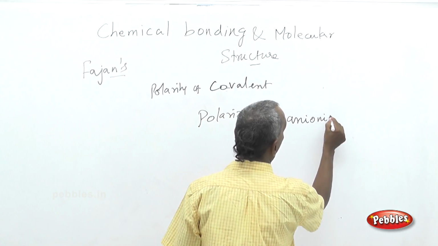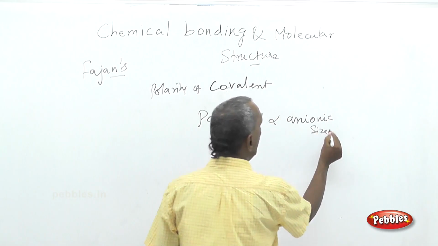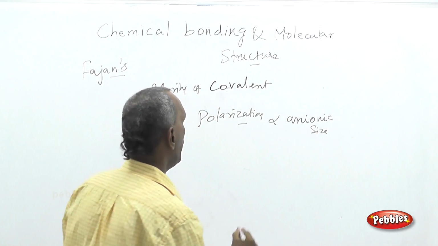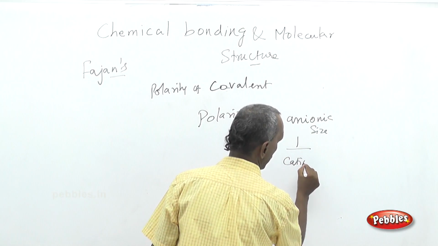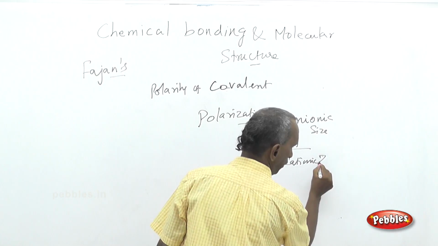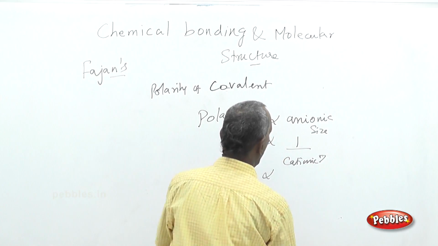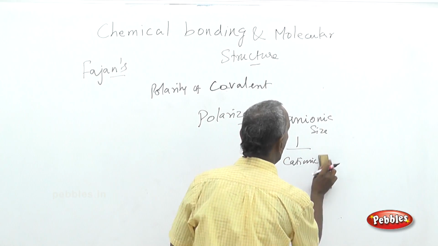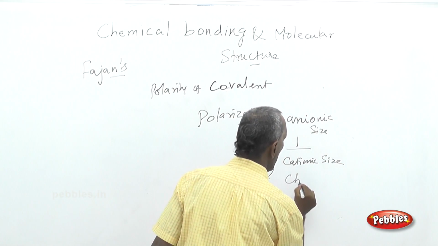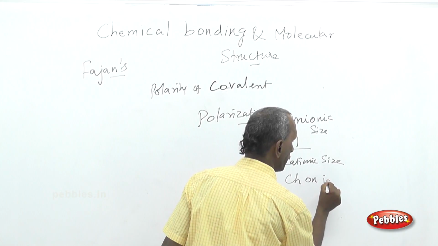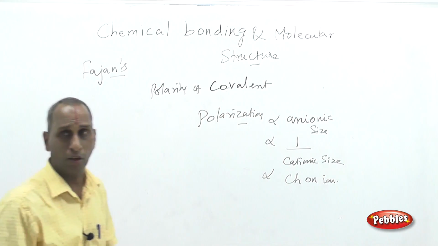First let us state the facts, then we will explain. Then it is inversely related to the cationic size. Third one, it is directly related to the charge on any ion, whether it is cation or anion.